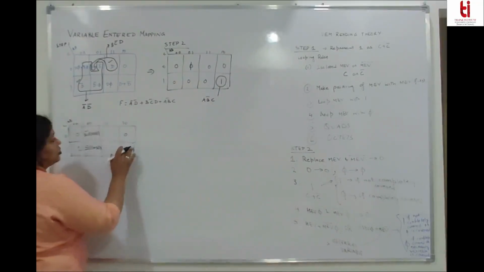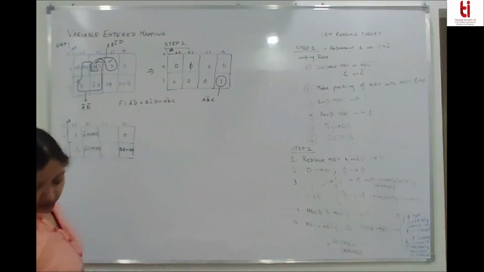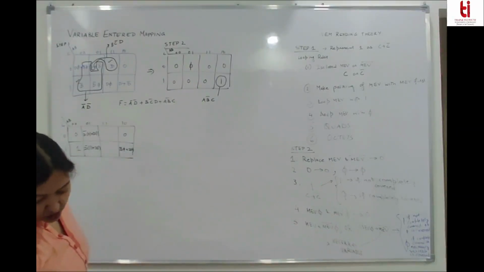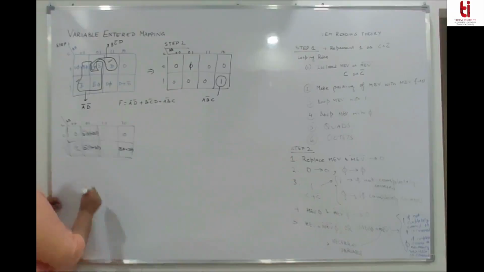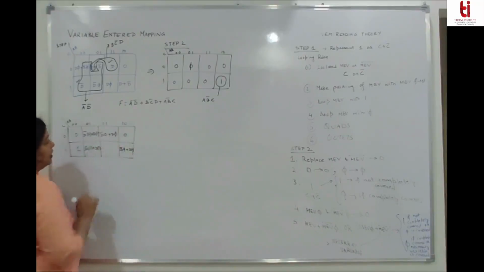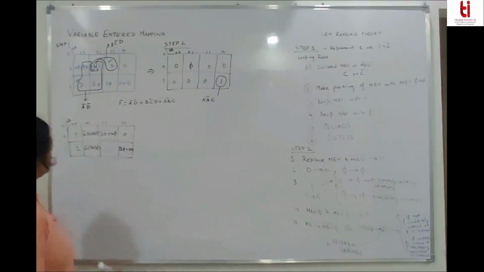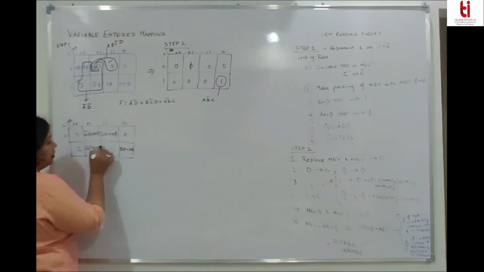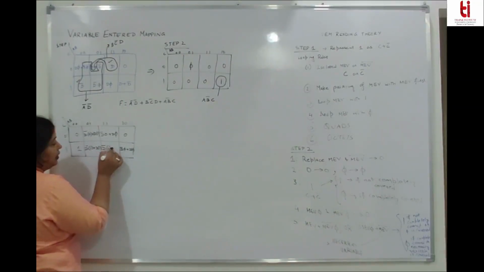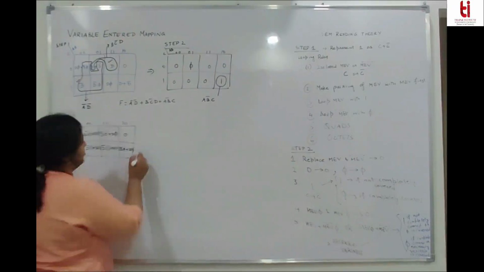Again, I am using the wrong variable, it is D. For 1, 0, 1, D bar is 0 and D is 5. And for 1, 1, 1, D bar is 1 and D is, this is the function.